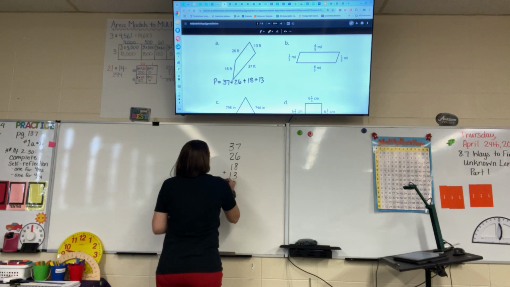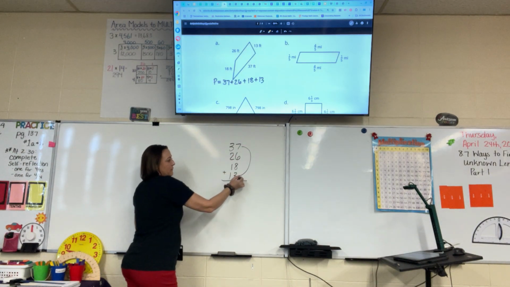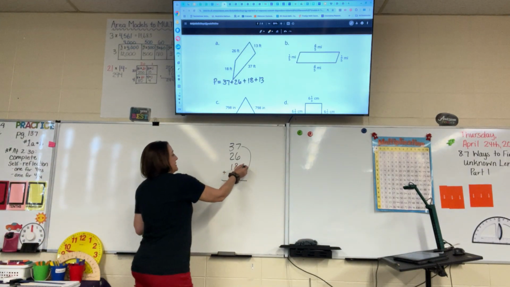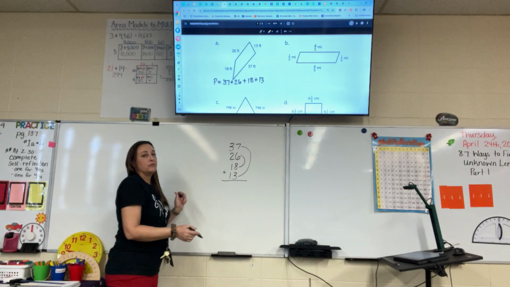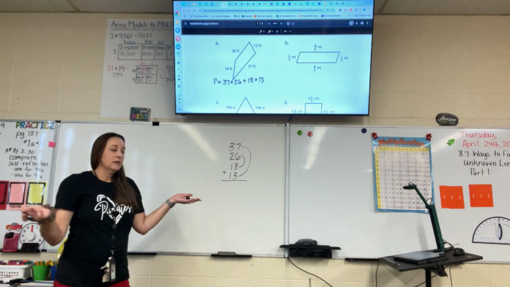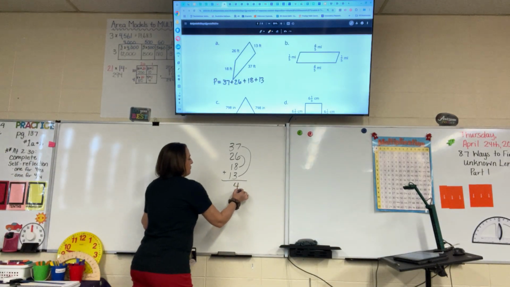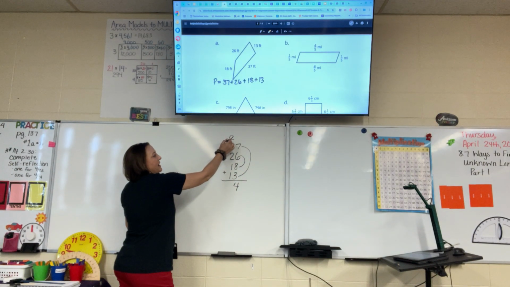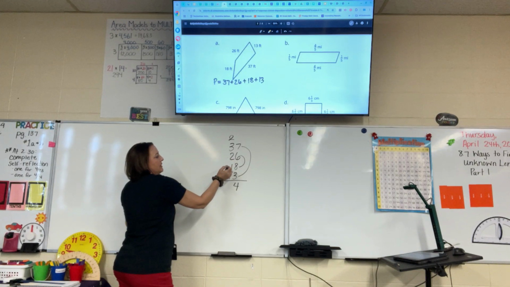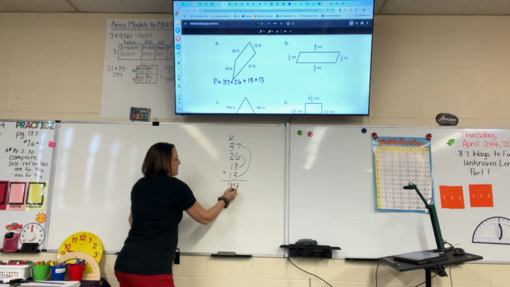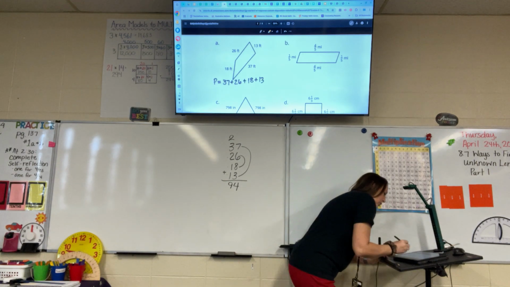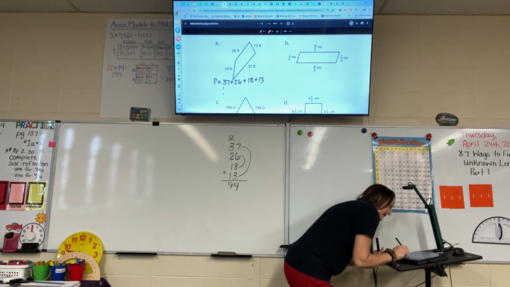And so I'm looking for groups of 10 first, and I see one here. 7 plus 3 is 10. 8 plus 6 is 14, so 14 plus 10 is? 24. So I put down the 4, carry the 2, and then I'm going to go 3 plus 2 is 5, 6, 7, 8, 9. So the perimeter of this figure is 94 what? Feet. P equals 94 feet.